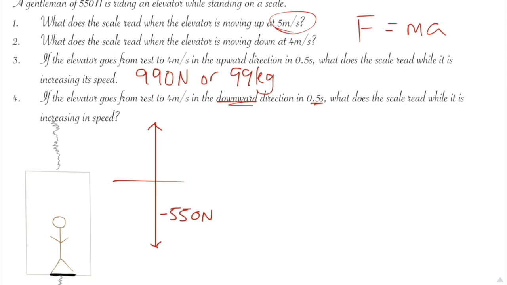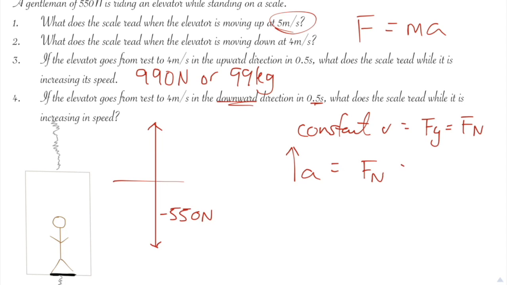And so let's just recap real quick. If the elevator is moving at a constant velocity, then the force of gravity is equal to the normal force. When the elevator is accelerating in the upward direction, then the normal force is greater than the force of gravity.